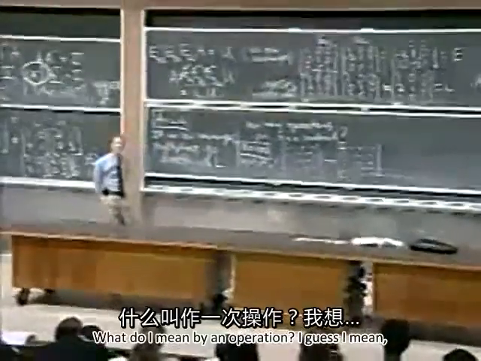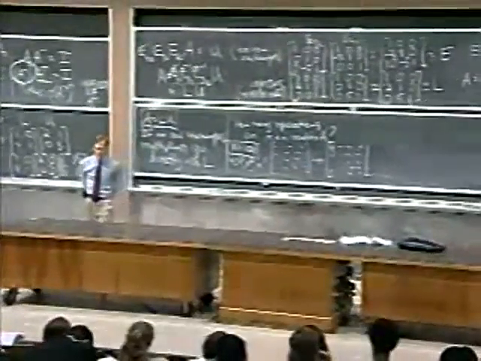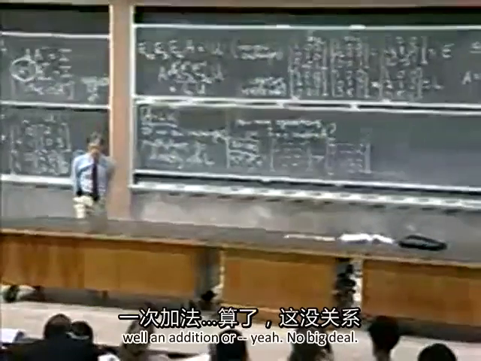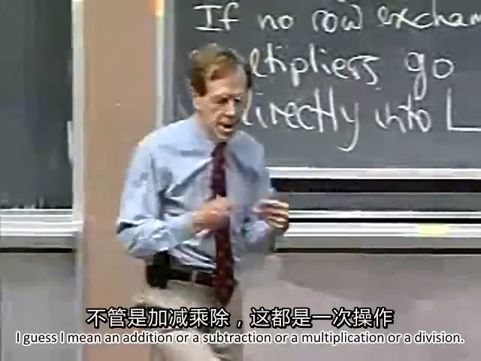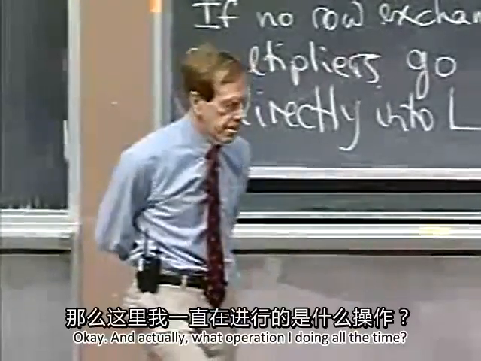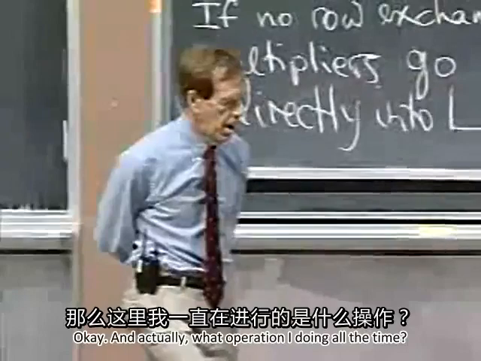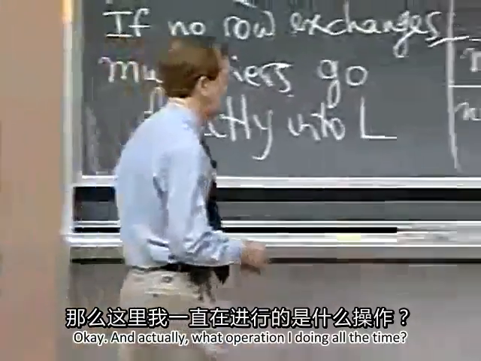Well, let's see, what do I mean by an operation? I guess I mean, well, an addition, no big deal. I guess I mean an addition or a subtraction or a multiplication or a division. Okay. And actually, what operation am I doing all the time?